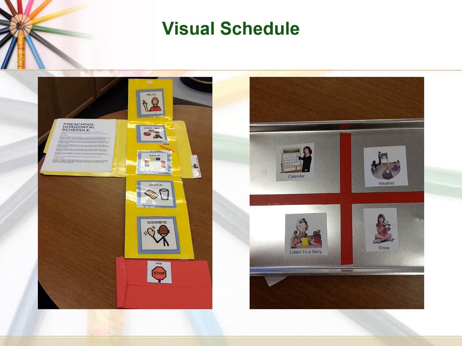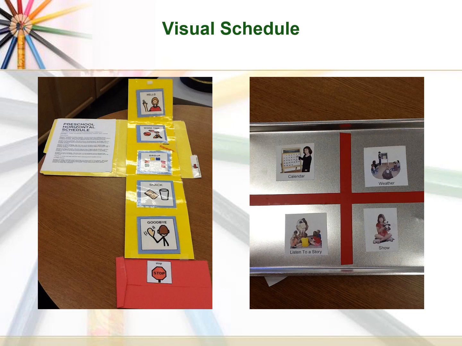On the right is a simple, really it's a choice board, but we made it a schedule showing the child that maybe first they had calendar, then in calendar they were going to talk about weather, then they were going to listen to a story, and then there was going to be a show and tell. So again, you can see it doesn't have to be up and down, it doesn't have to be across.